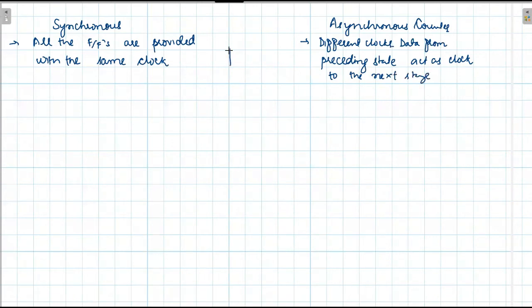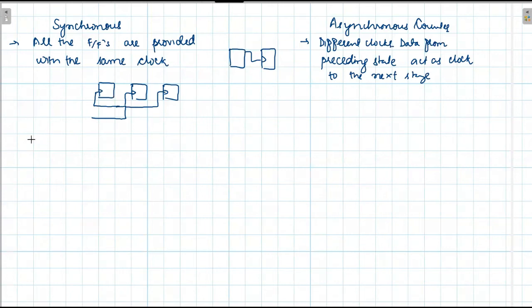So suppose this is your flip-flop, this is another flip-flop. Its output will act as a clock for the next stage. So this is for your asynchronous counter. While in your synchronous counter, suppose these are your flip-flops and this is your clock. This clock is actually being provided to all the flip-flops. So this is the basic definition for synchronous and asynchronous.